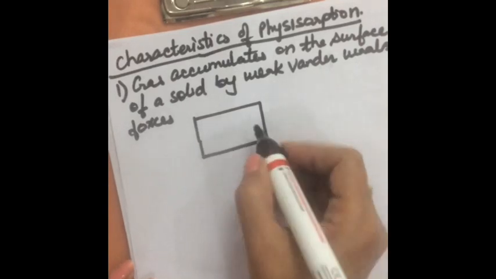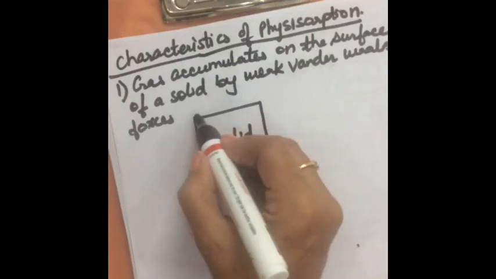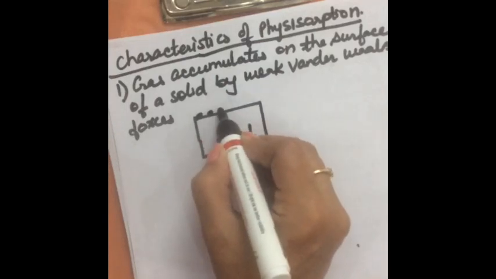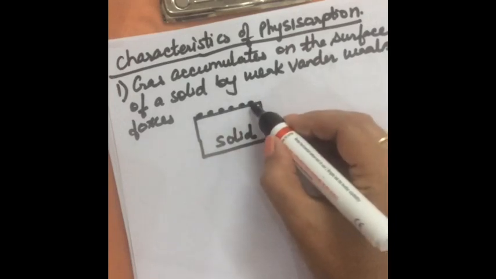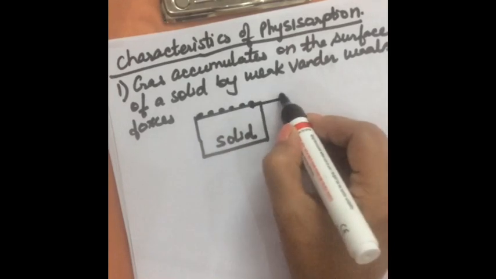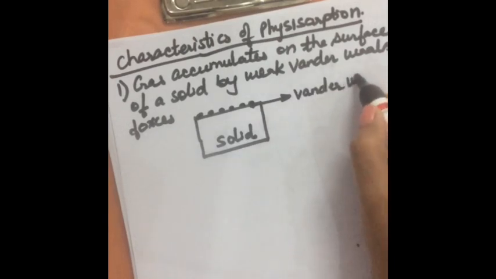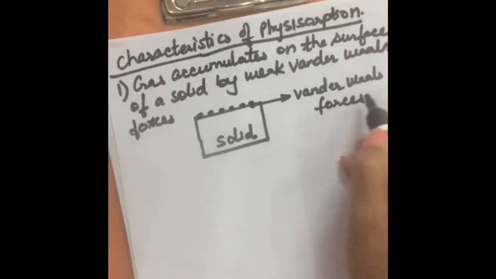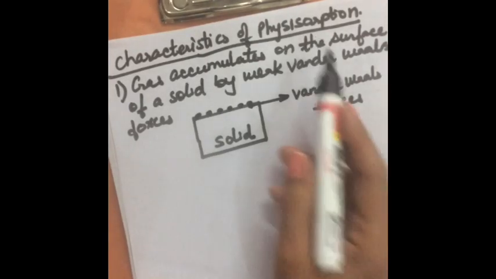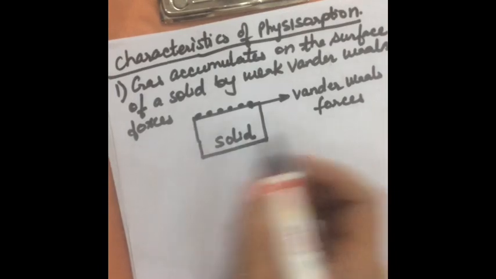If this is a solid that is adsorbent and gas molecules, they accumulate on the surface, and between adsorbate and adsorbent, the forces which are there are weak van der Waals forces. That is why physical adsorption is also known as van der Waals adsorption.